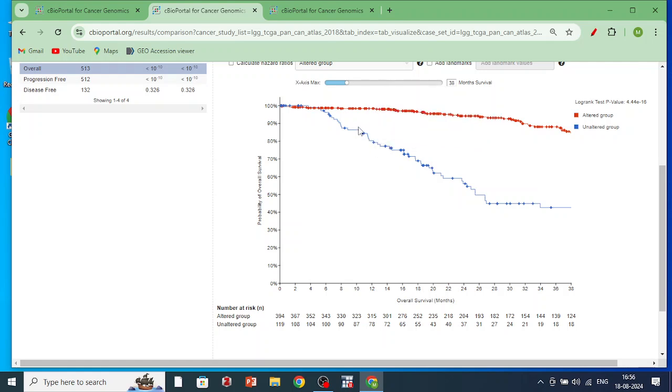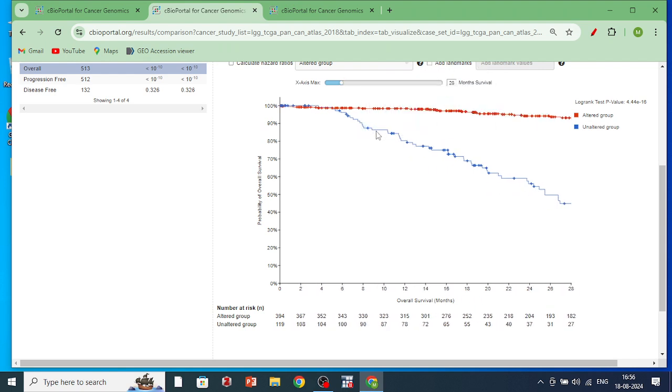But not all dips actually mean one patient has died. Actually it is the percentage of the patients which were available to be analyzed at the previous time point. So you see from this time point there's a straight line. So let's say 87 patients were surviving at this time.